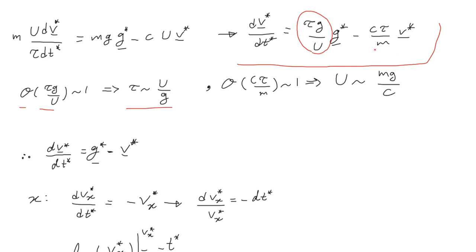We want to keep this term as well, equally significant, and then c tau over m needs to be of the order of 1, and then u should be of the order of mg over c. So by doing this, we find a relationship between the typical scales, so we can substitute them and use them in our analysis further.